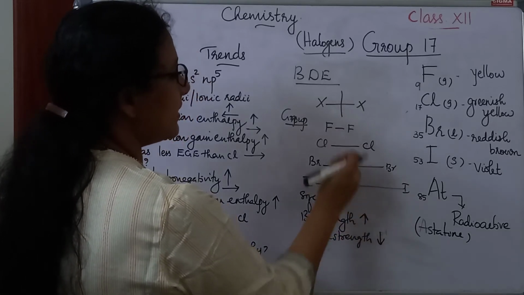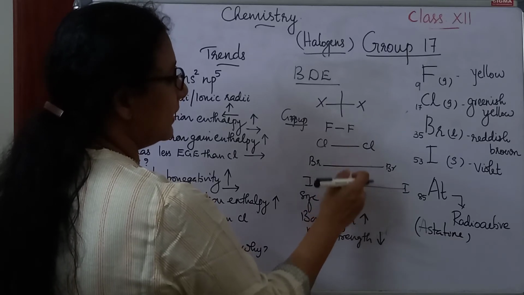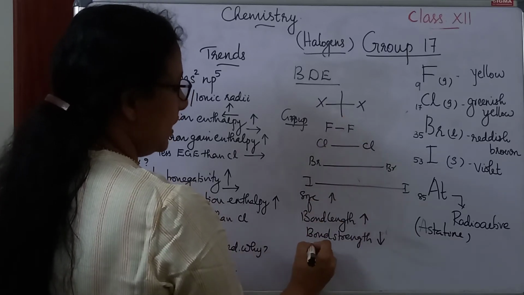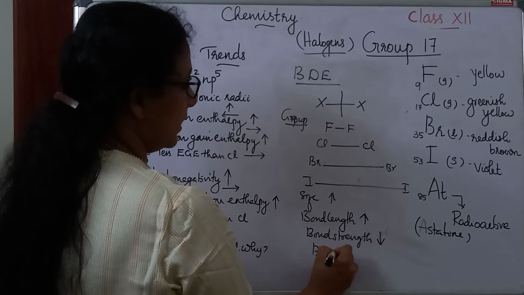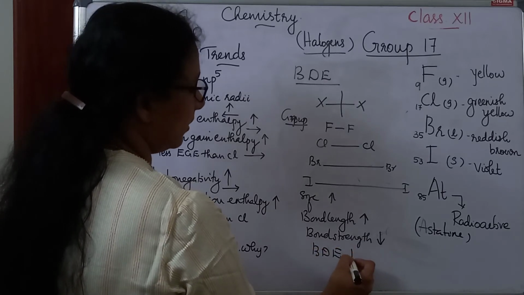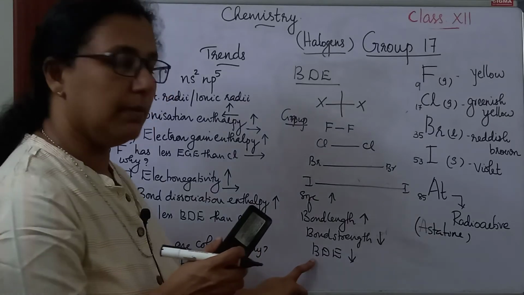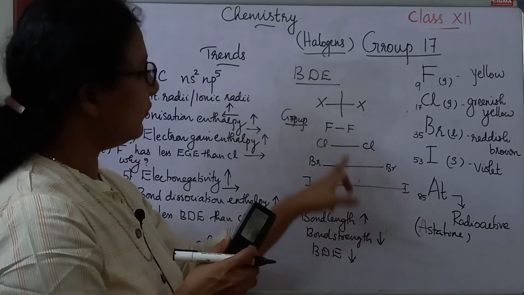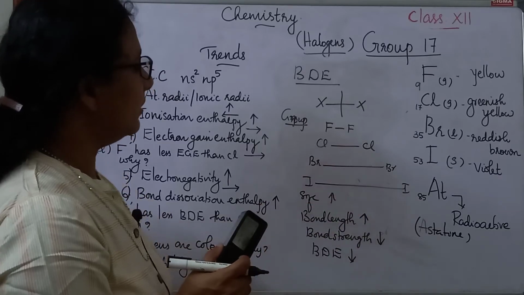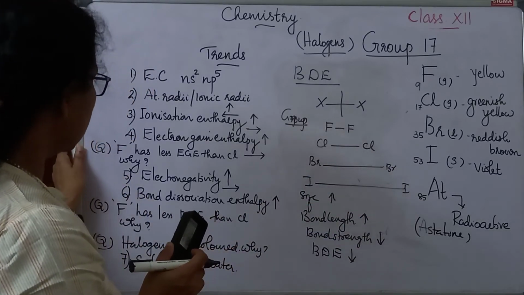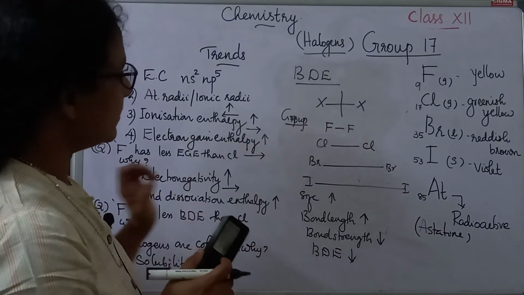So it is very easy to break the bonds when we are coming down the group. So bond dissociation enthalpy, the amount of energy required to break the bond, decreases down the group. So that is about bond dissociation enthalpy.